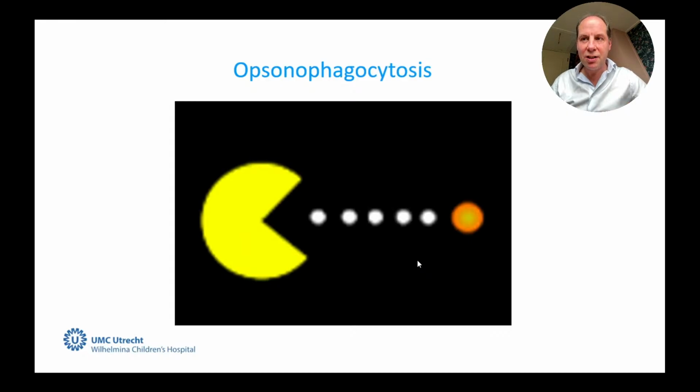This whole process of bacteria being covered by antibodies and other immune molecules like complement, making it easier for the phagocyte to eat them, digest them, and kill them, and eliminate them from the body is called opsonophagocytosis.